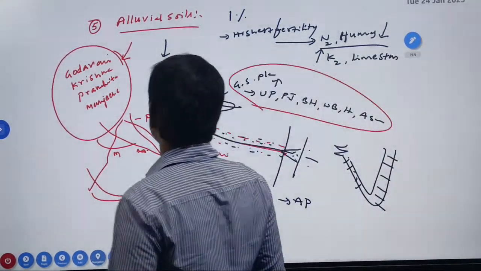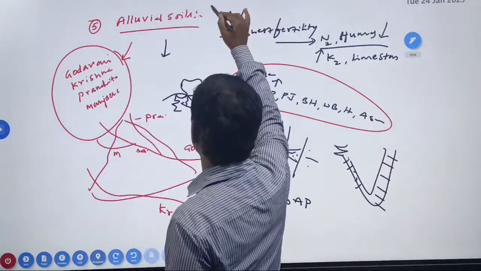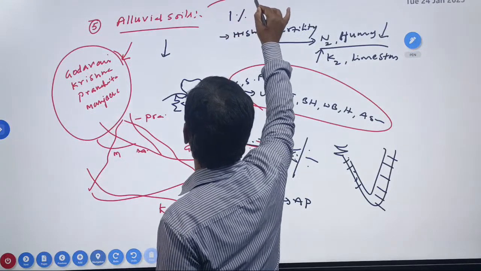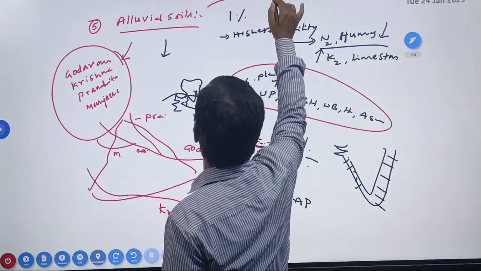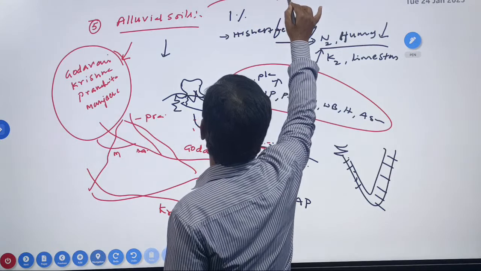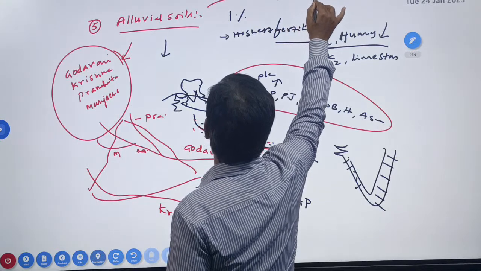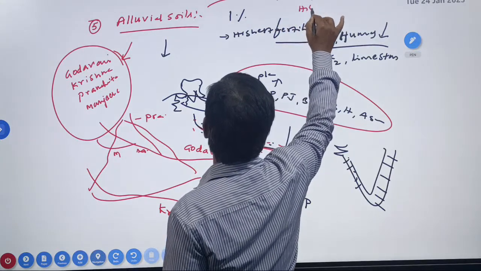So this alluvial soil gives all types of crops at the highest percentage.